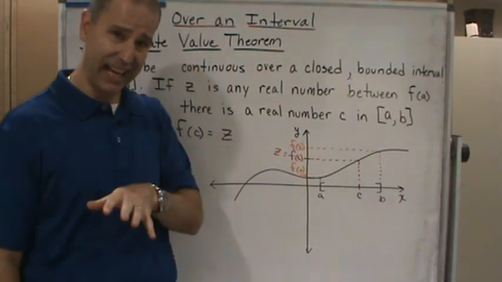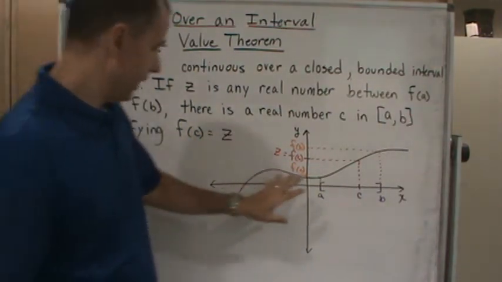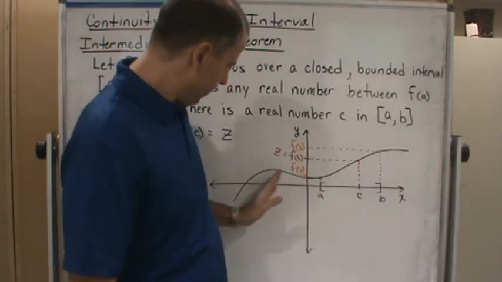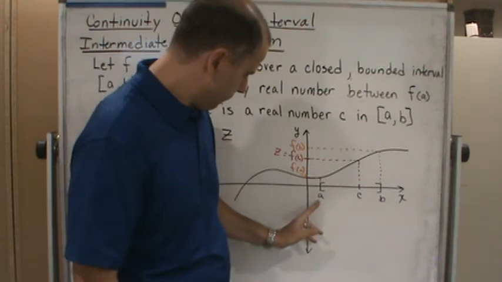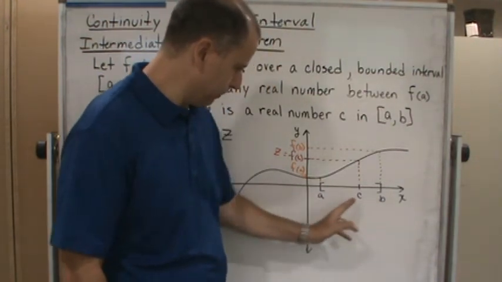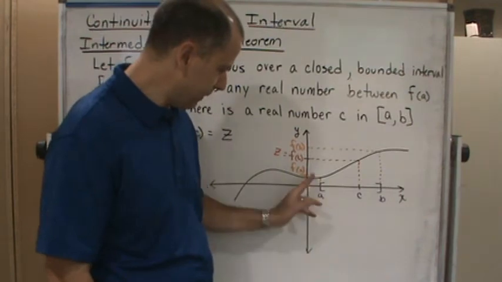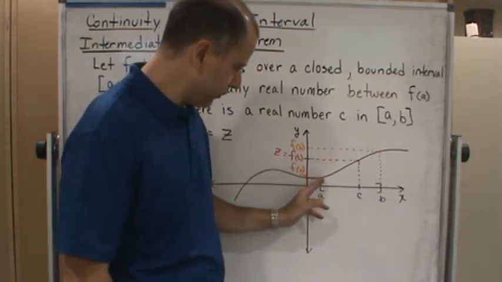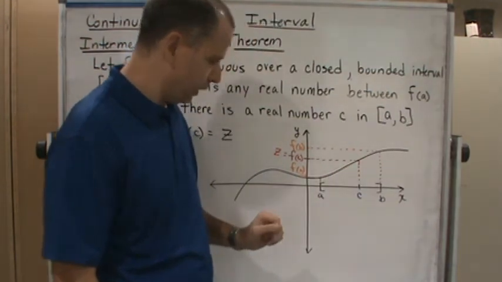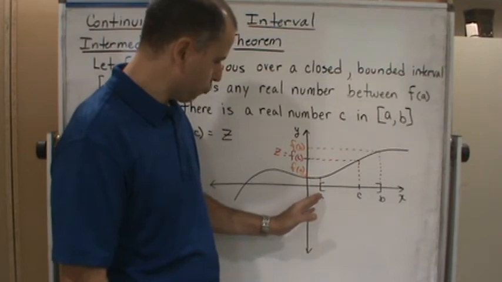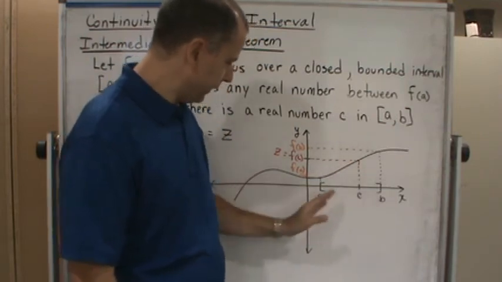In my diagram here, if I know that the function is continuous over the interval [a, b] that I have depicted, that means I'm not going to lift my pencil off the paper throughout the whole interval.